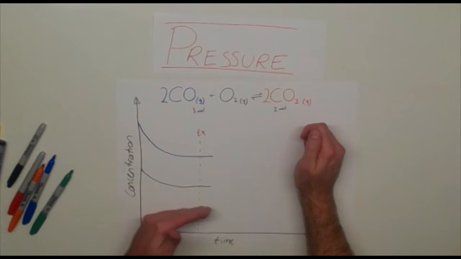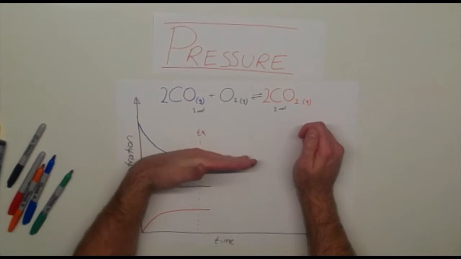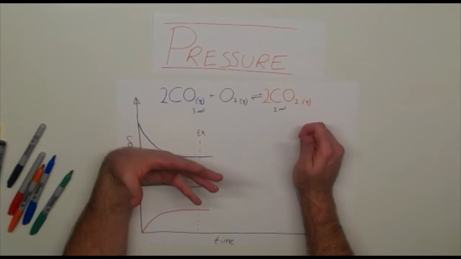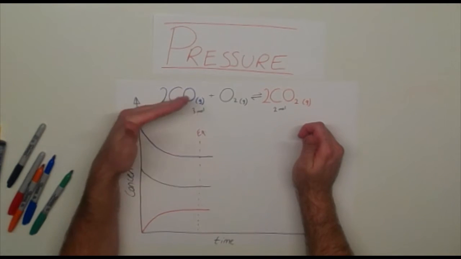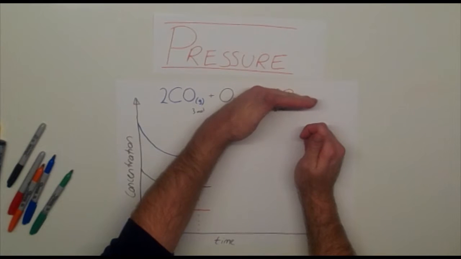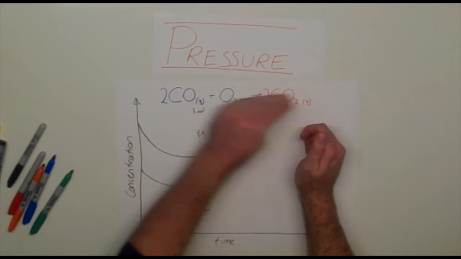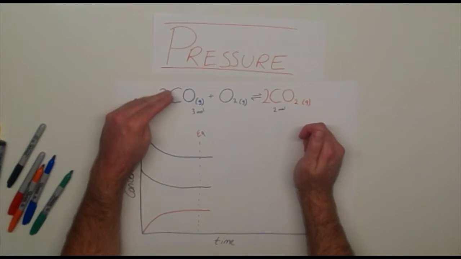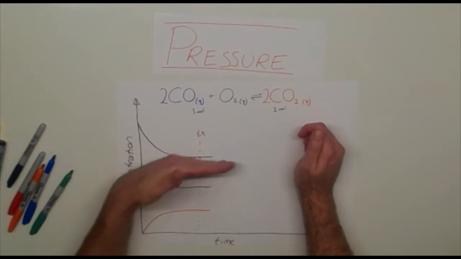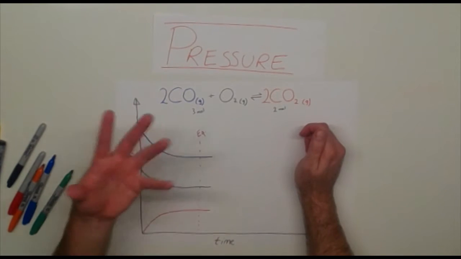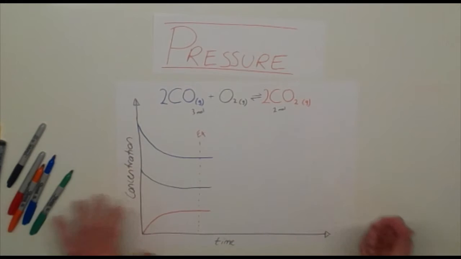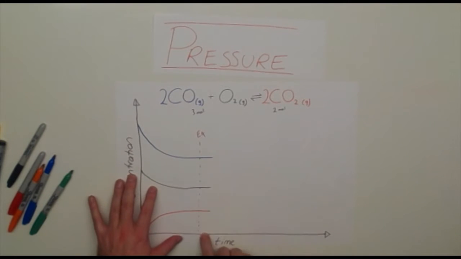But eventually we get to a point where the concentration of all 3 species is constant. Now that's not saying that the reaction has stopped, but that the rate of the forward reaction of forming CO2 is exactly the same as the rate of the back reaction, the decomposition or breakdown of CO2. So we see no change in their concentration, no change in macroscopic properties. So we've established our equilibrium.